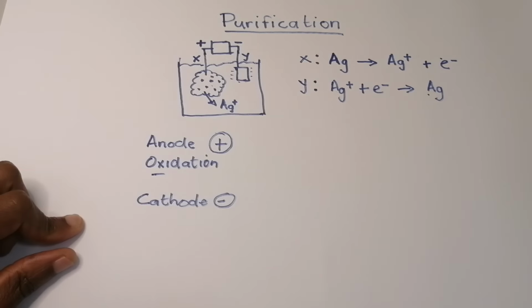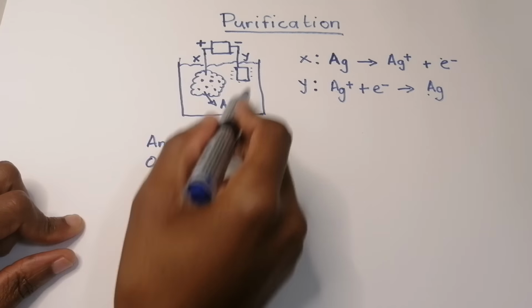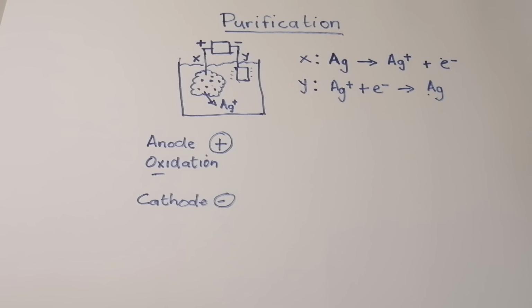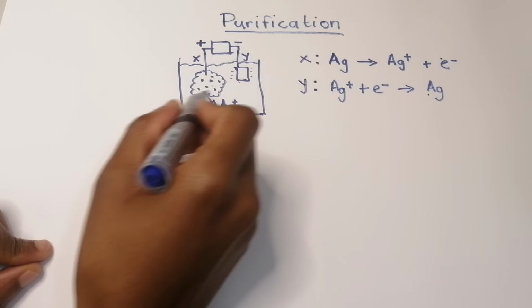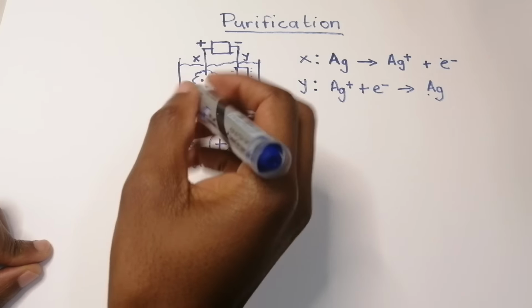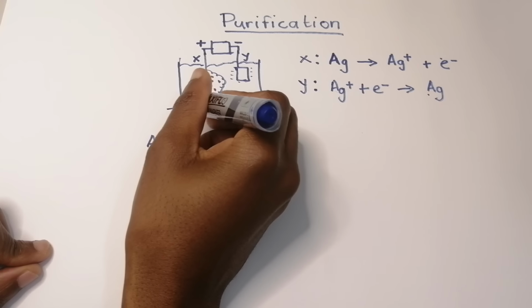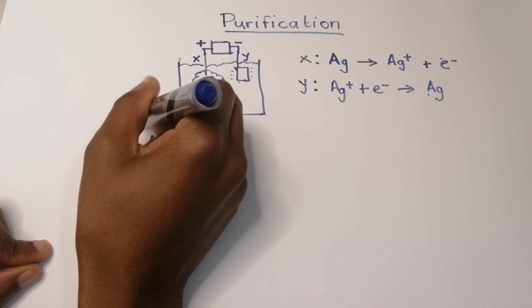Now, what I also want to quickly show you is what you would normally do when you want to purify silver. You would make sure that the electrolyte you use, remember that an electrolyte is a solution that can conduct electricity, is a silver electrolyte. Remember that the electrolyte must be soluble. Typically, which electrolyte would you use?